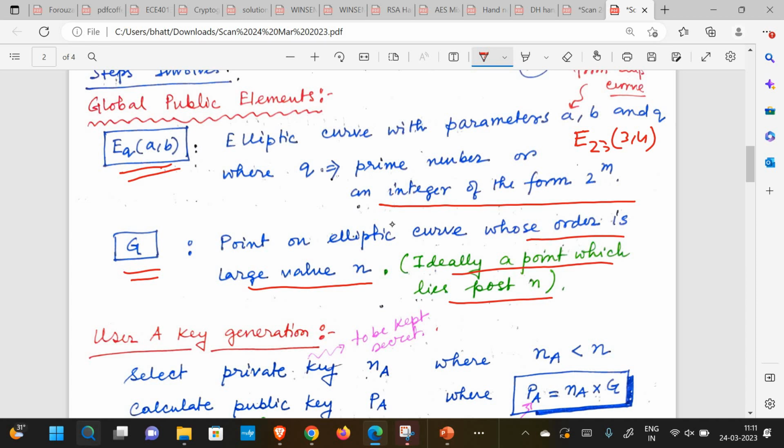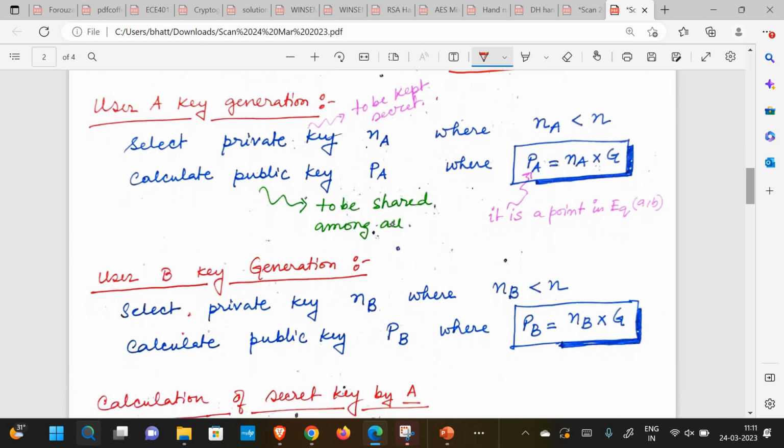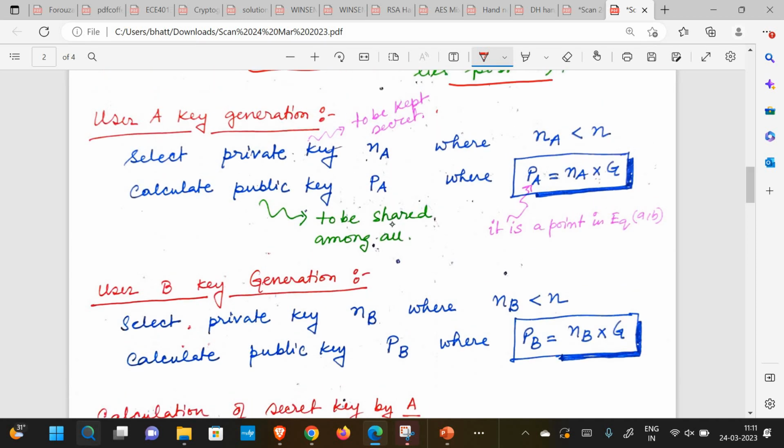Now we come to the process of encryption. But as we have already discussed for ElGamal as well as for the DH, we know that we need to find out the private key and the public key first, and then we have to send it with respect to the data or the main text, the plain text, and let's see how it is going to work. So the first step that is involved is user A key generation, like in the previous case also.